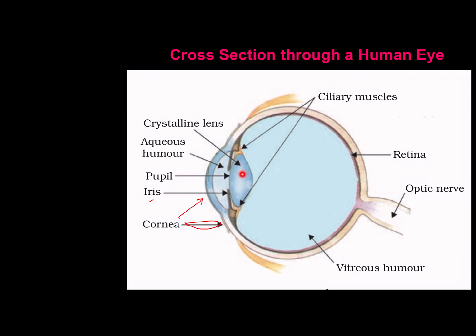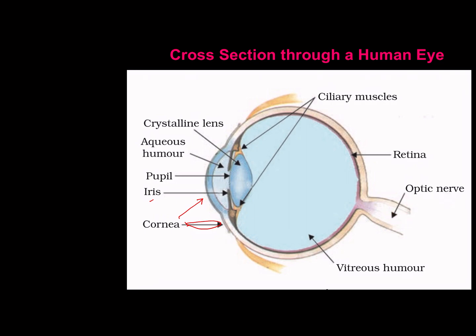This lens focuses the light on the retina. This layer is called retina. Retina is a light-sensitive membrane. This converts the image into electrical signals. These electrical signals are transferred to the brain via the optic nerve.